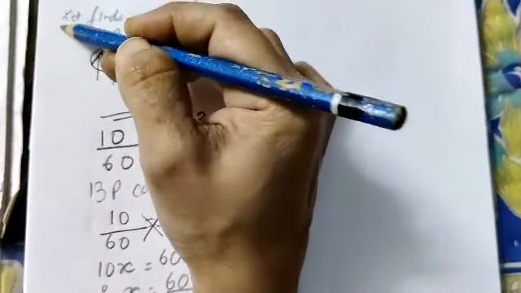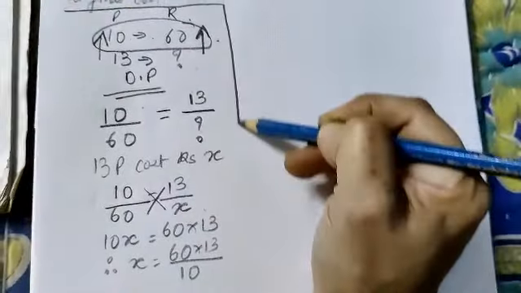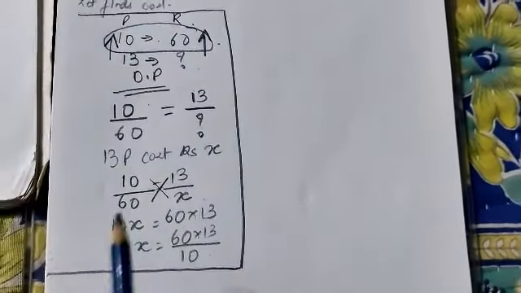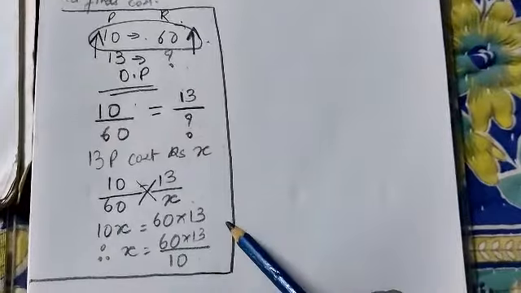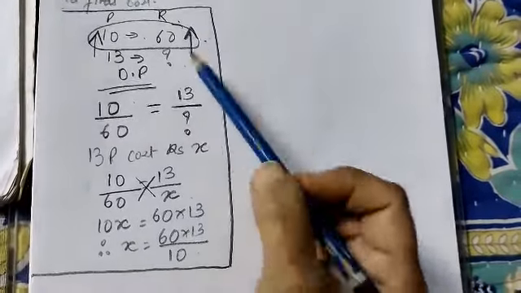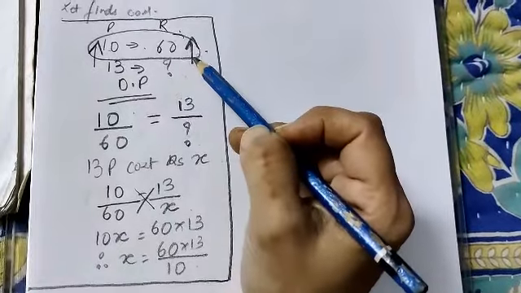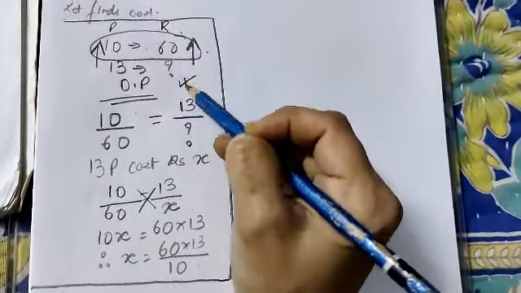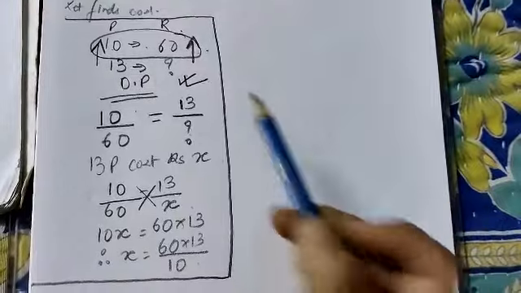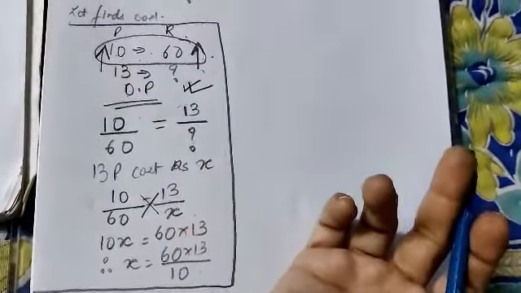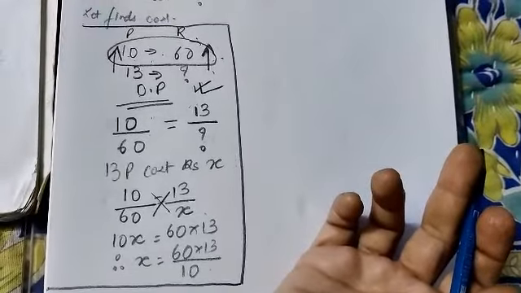Rather than finding out the cost of one pen and then finding out the cost of many, we can do it this way easily, because once we find the relation, whether it's a direct proportion or inverse proportion, this is how we have to do it. In direct proportion it's divide, in inverse proportion it will be multiplication, as we'll see afterwards.